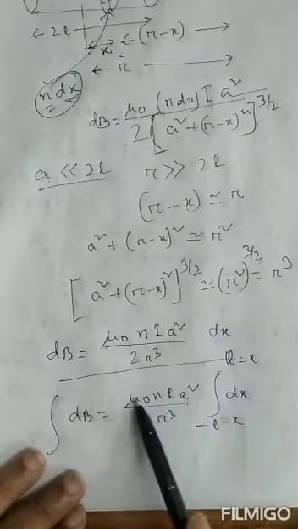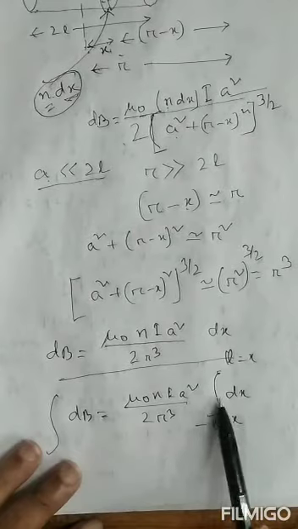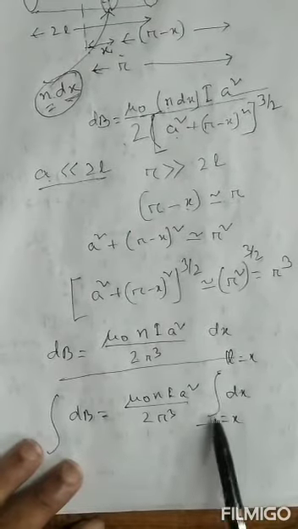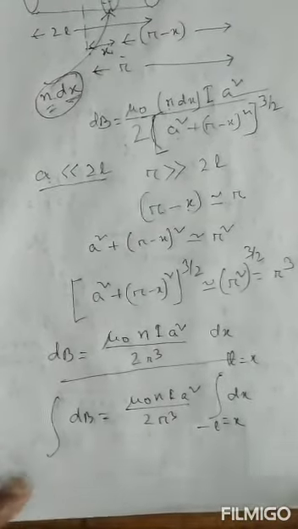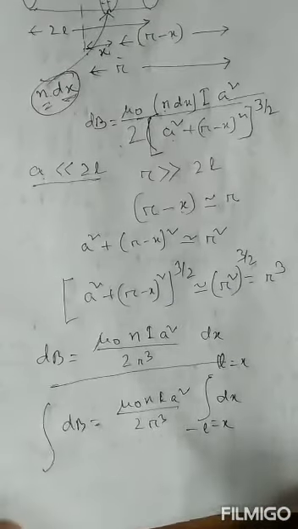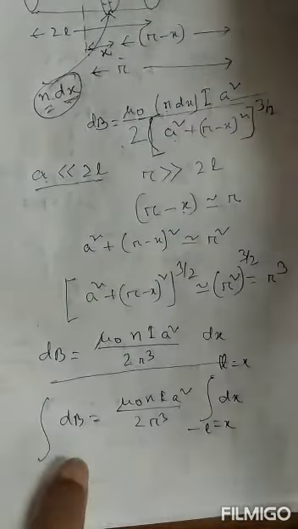So therefore, mu 0 N I A square, integration of dx from minus L to plus L. What is the integration of dx? Integration of dx is nothing but x. So therefore, what do we get?